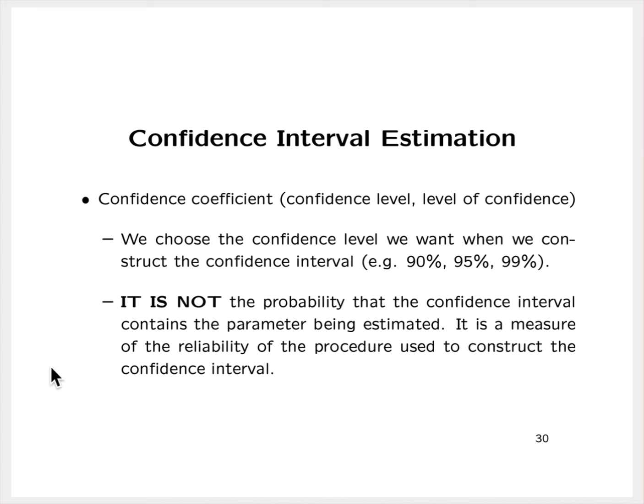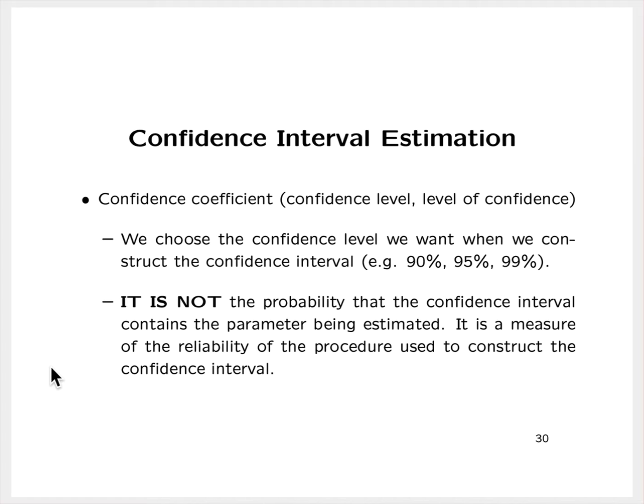It's not really correct to think of this as a probability that the confidence interval contains the parameter being estimated, at least if we think about that as a conditional probability based on the data. Now, we could go into more detail about this because there are some valid ways to think about it as a probability, but we want to be careful and not misrepresent or think about the confidence coefficient incorrectly.